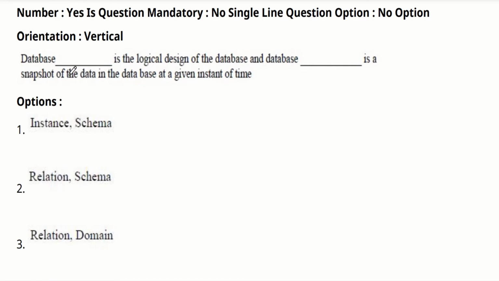To make it fast, we will check only the first blank, and next we will compare with the next option. Now coming to the first option, instance and schema. Instance means a particular moment of time when data is stored in the database. So this will not be the correct option because instance does not belong to any logical design.